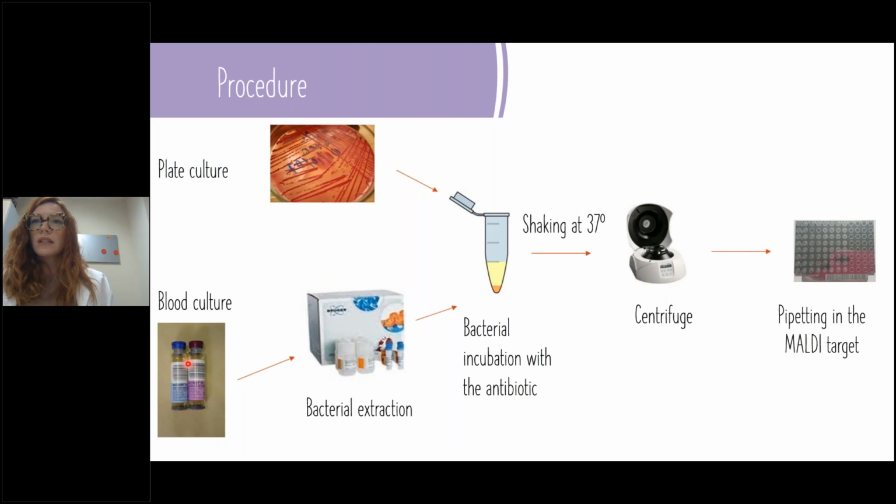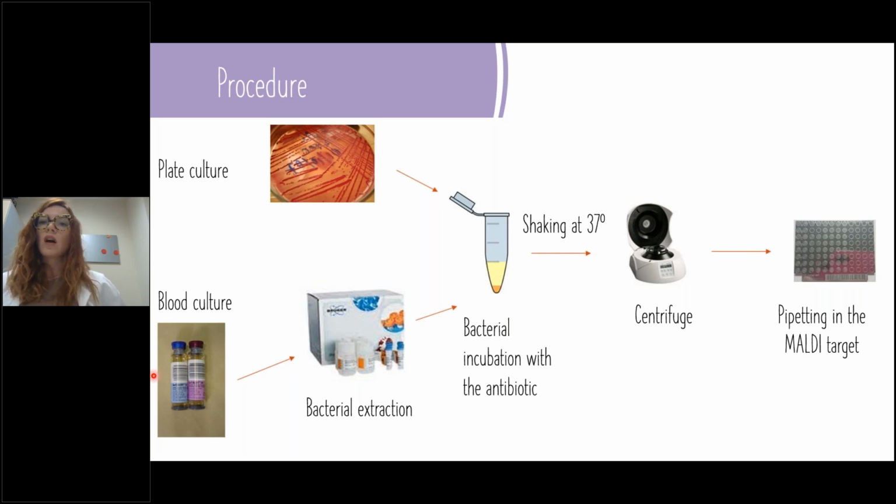The procedure is very easy. As I said before, you just have to incubate the bacteria with the antibiotic for a certain time at 37 degrees. You can start with colonies from plate culture, or you can start directly from the clinical samples.